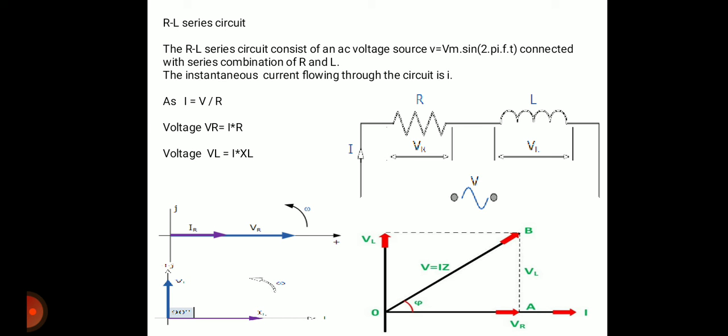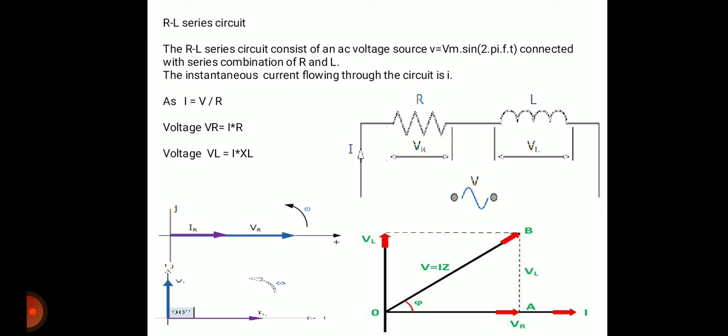So we can draw the common quantity on the reference axis, common among all these three: the whole electrical RL series circuit, the individual component R and the individual component L. The common one is the current I, just the notation is different. For the resistance the current is IR, and for the inductance the current is IL.